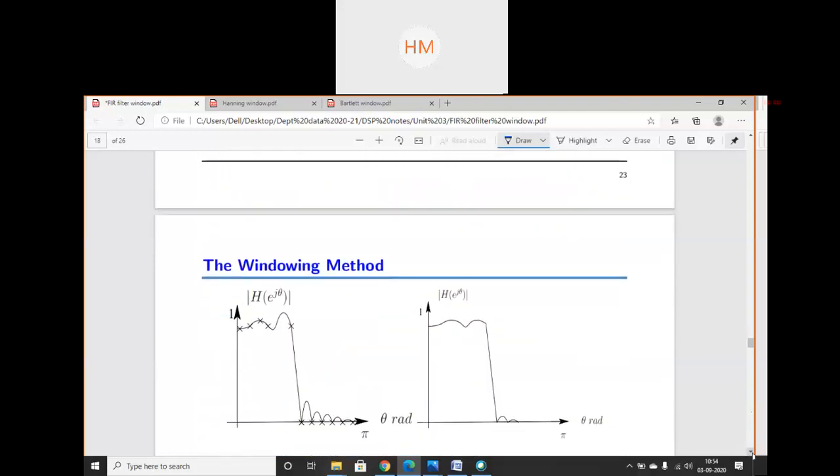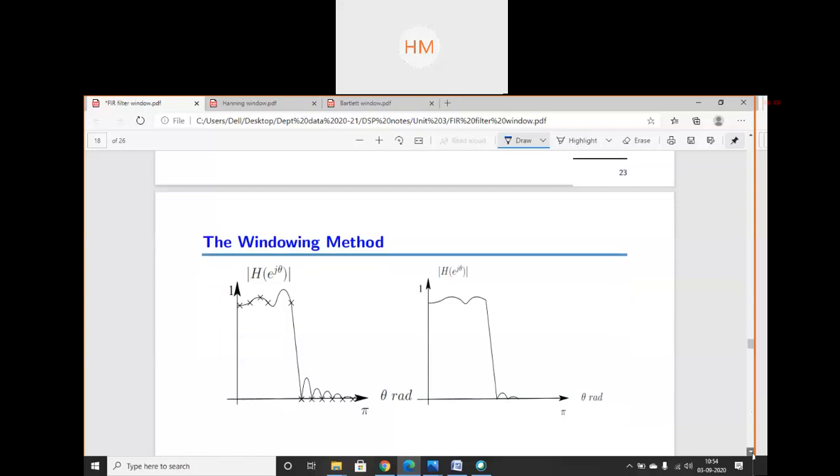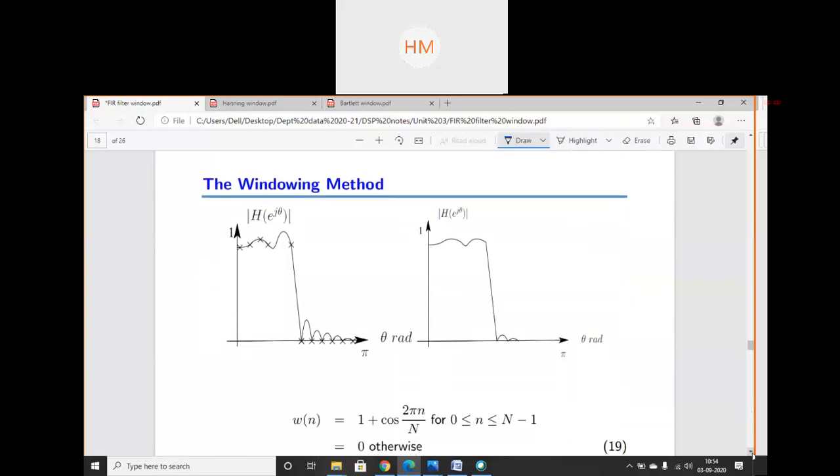The windowing method. This is my H of e to the power j theta. After truncating, I will get some ripples in the pass band. In the stop band, I will get the overshoots.